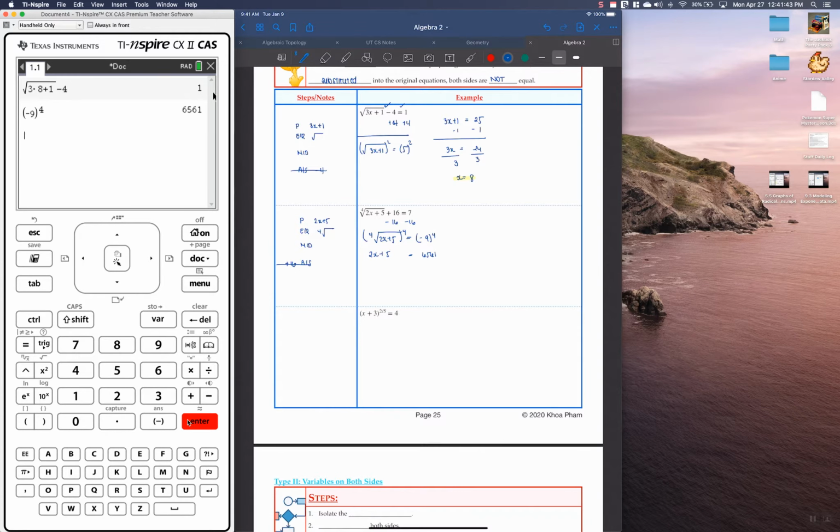This is 2x plus 5. You subtract 5 from both sides. You get that 2x is equal to 6556. Divide that by 2. 6556 divided by 2 gives us 3278.